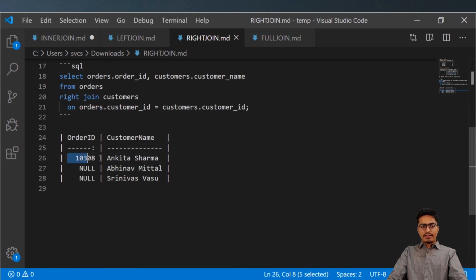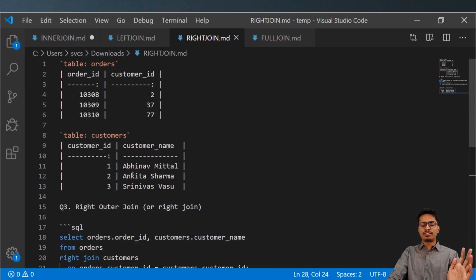So again, the inner join rows are always going to come, and after that, any rows in the right hand side table that didn't get a match. Remember, originally we had discussed that the only rows that get a match are these two rows. These two rows don't match on the left table, this row and this row don't match on the right table. For a right join, these two rows are going to come in the final result.